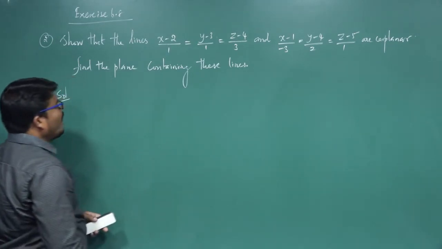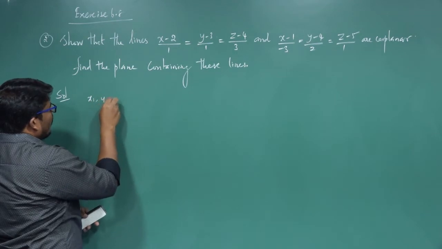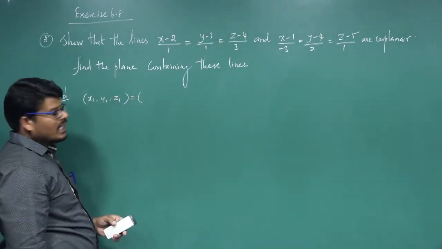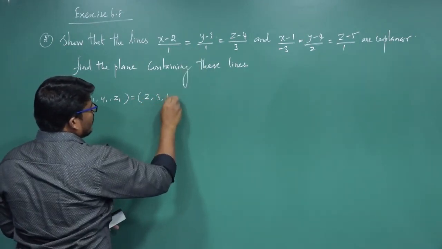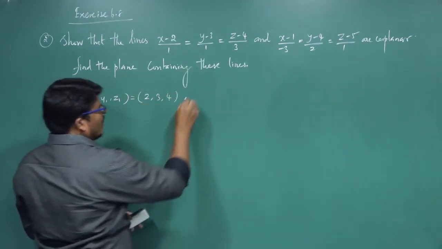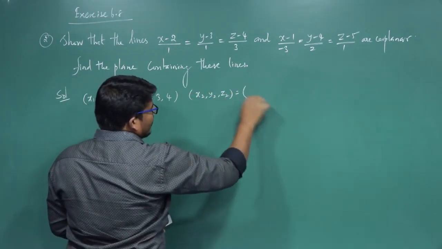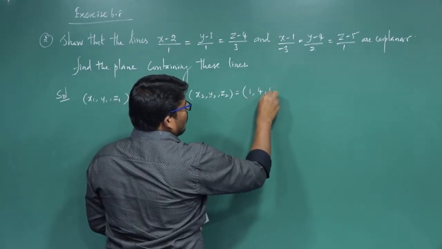First, the point x1, y1, z1 equals 2, 3, 4. The second point x2, y2, z2 equals 1, 4, 5.